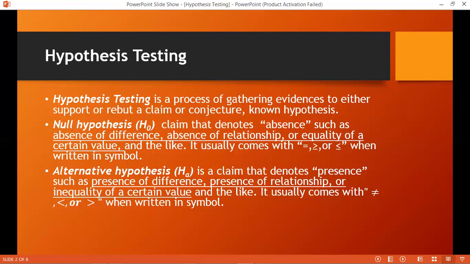Sa null hypothesis, meron tayong absence of relationship, meaning walang relationship ang A at saka si B. Sa alternative, merong relationship si A at saka si B. So, bigyan natin ng example. For null hypothesis, say, there is no relationship between mathematics grade and English grade. For alternative, we say there is a relationship between mathematics grade and English grade.